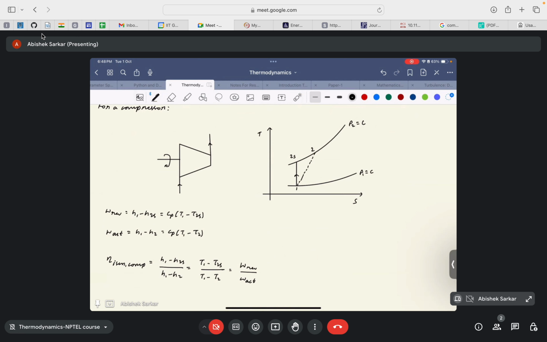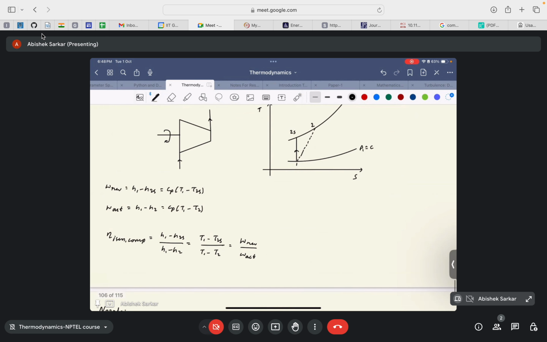It's an intuitive understanding. So the actual work required to pump the fluid is greater than the reversible work required in the ideal case.